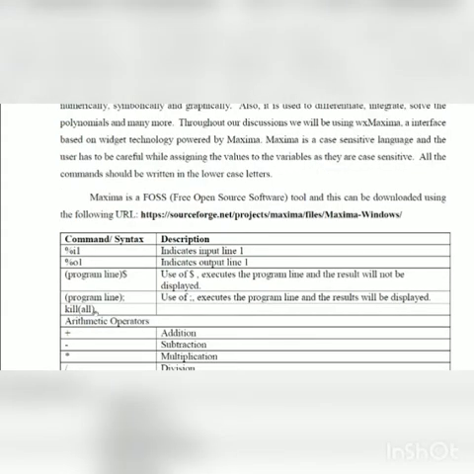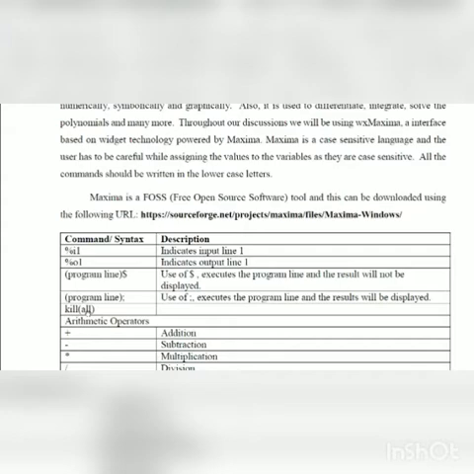Then, what is killall? Killall kills all earlier stored values for variables or functions, and after applying this, everything will be wiped out from the RAM, random access memory. That is the function of killall.